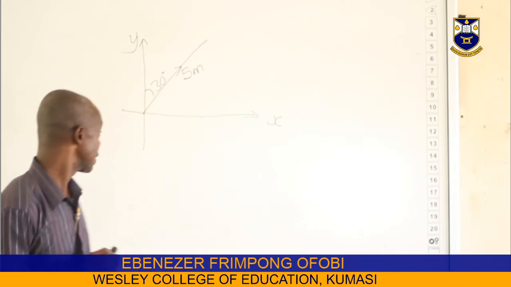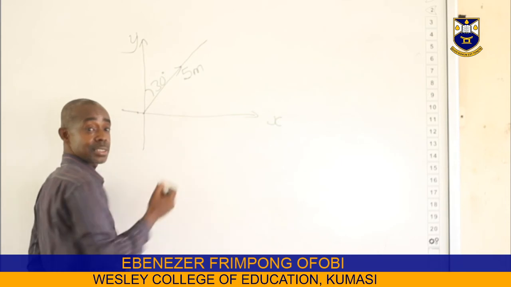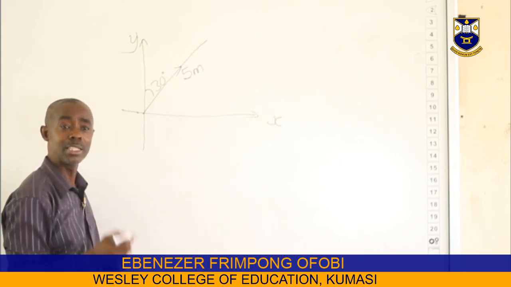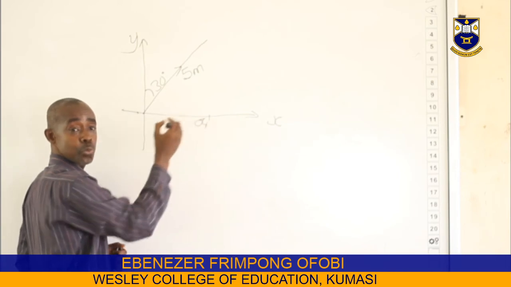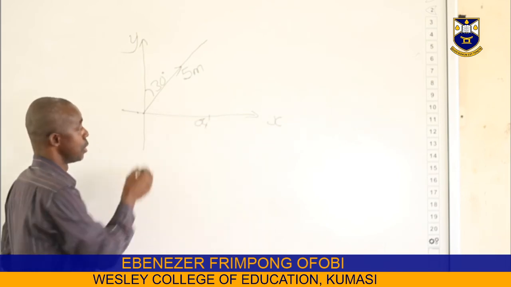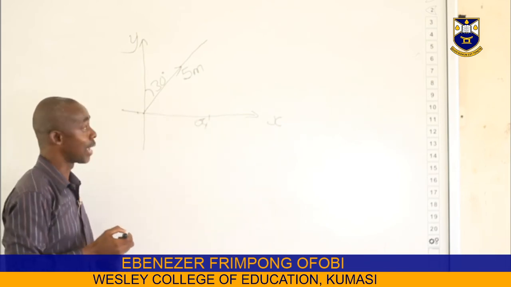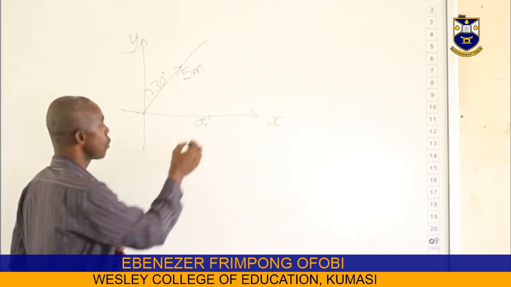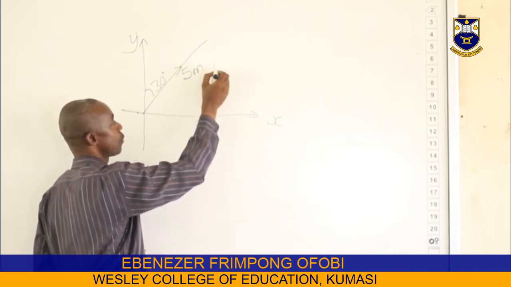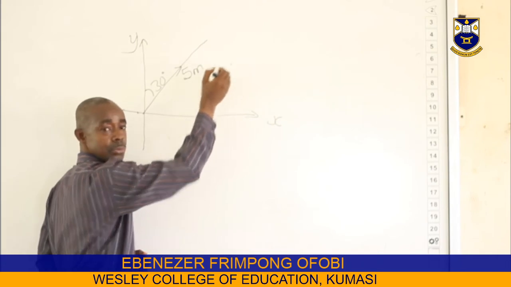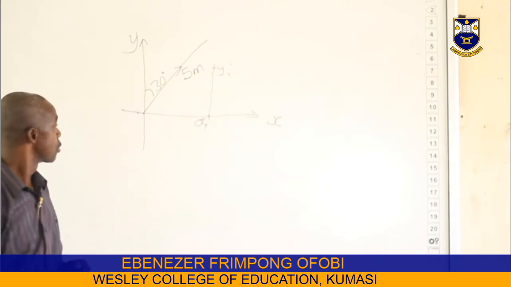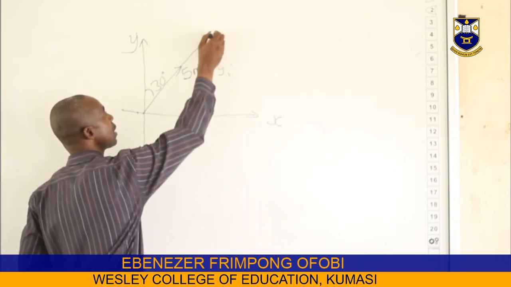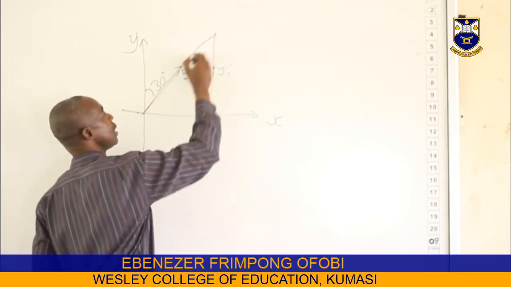So, look at the board. There's your x-axis. Assuming x1 is going to take this 4, against y, the second one will also take that direction. So the vector we are talking about will start from here and end there.